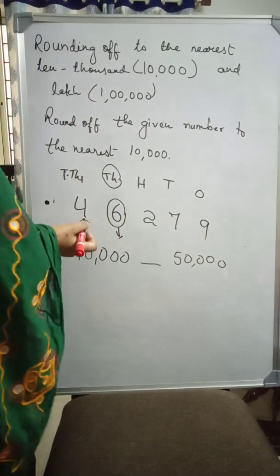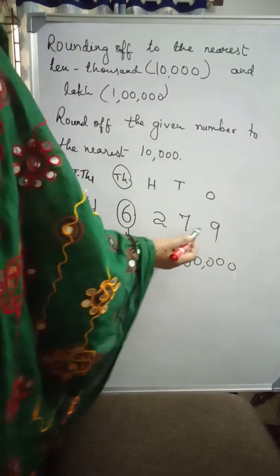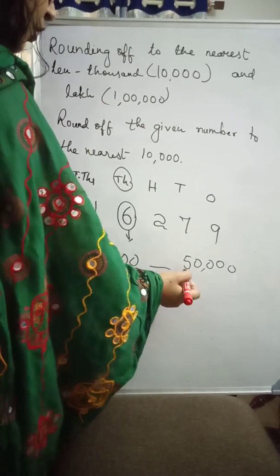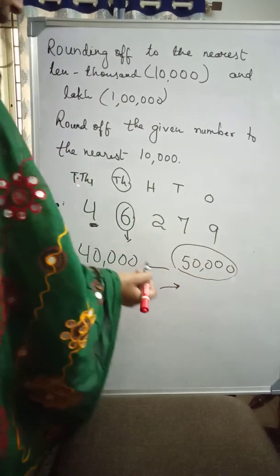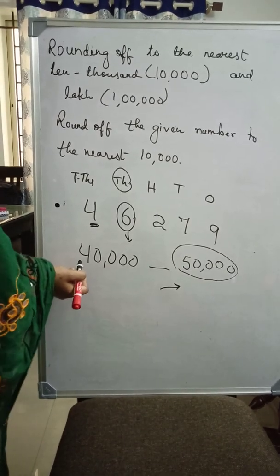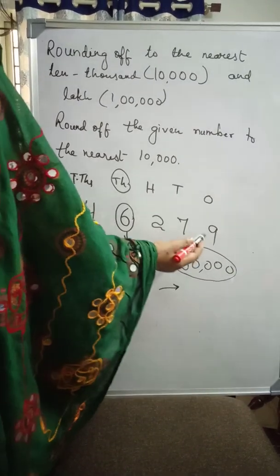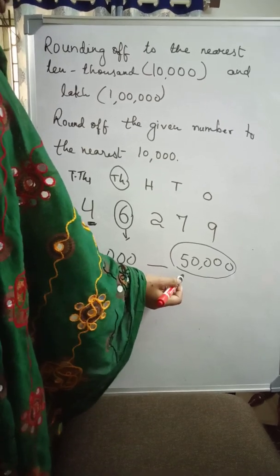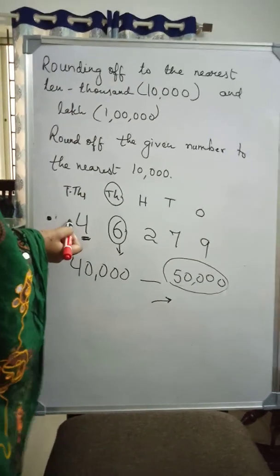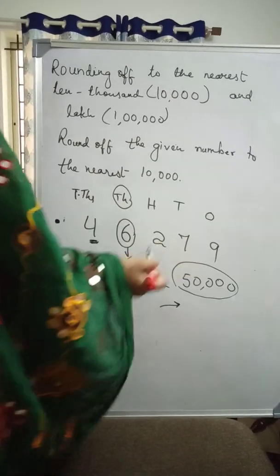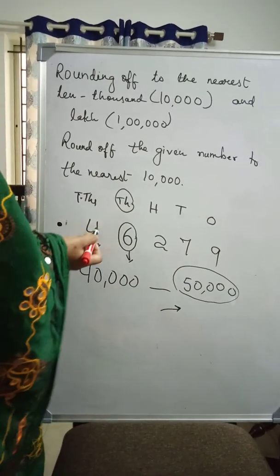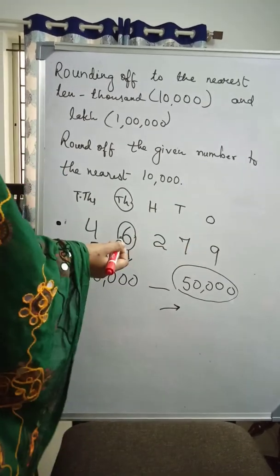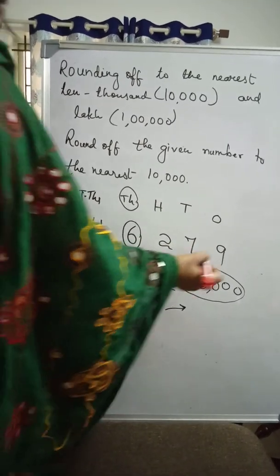And this number 46,279 is nearer to 50,000 than 40,000. 46,279 is nearer to 50,000, which is more than this number. So the rounding off of 46,279 will be 50,000.